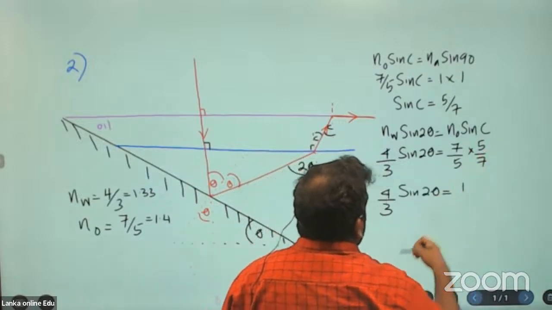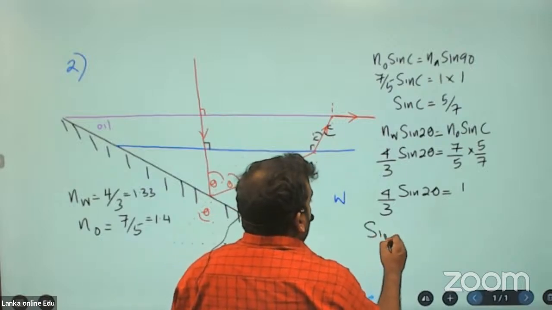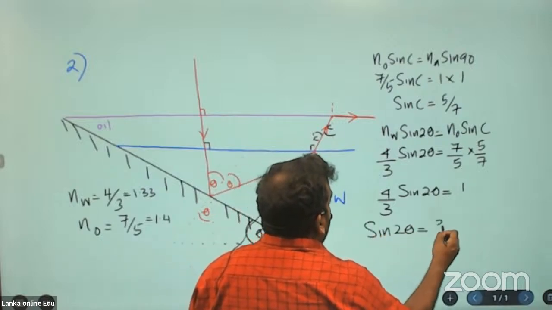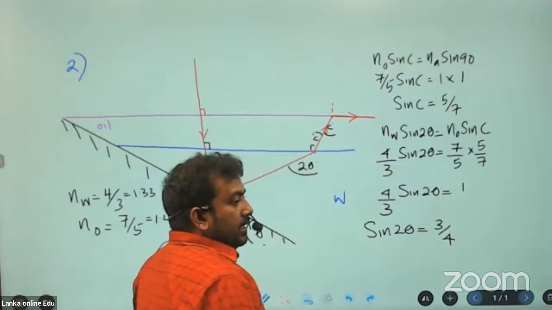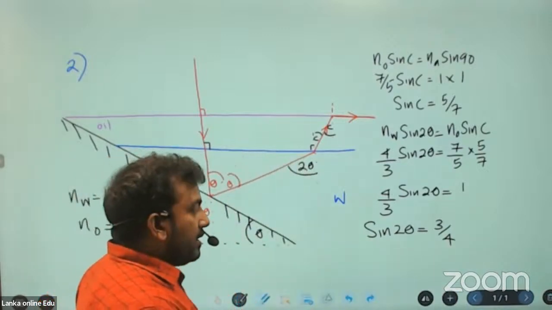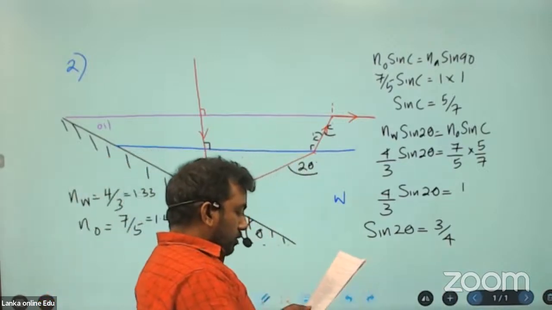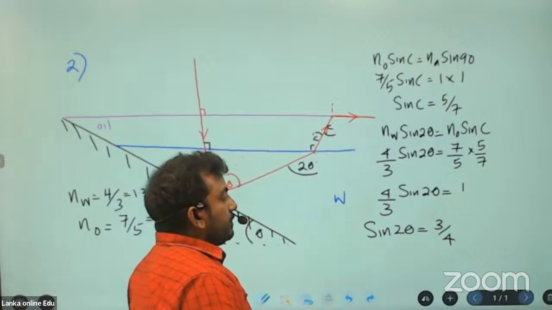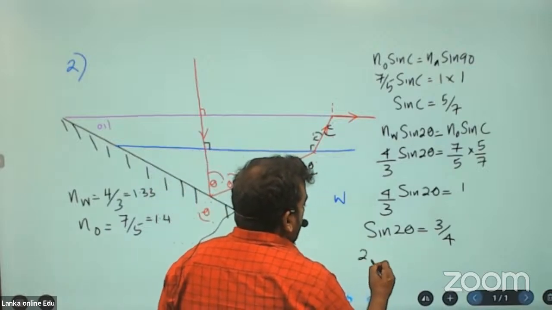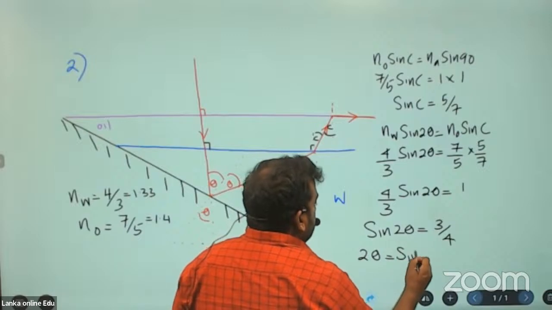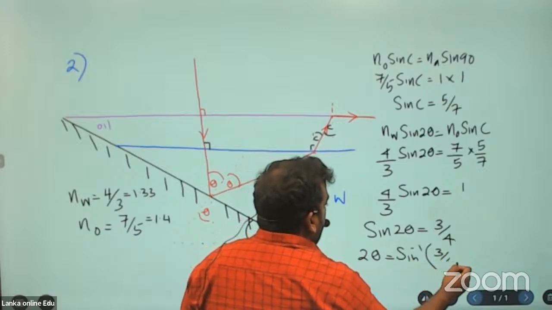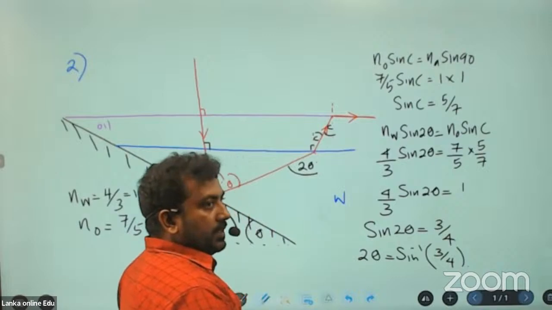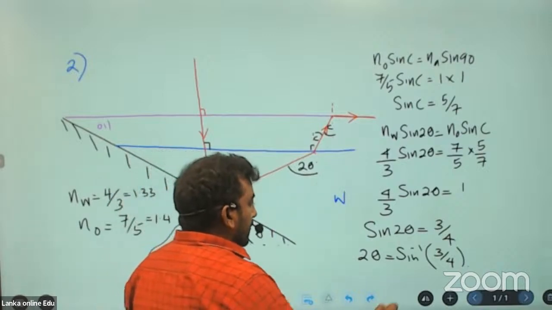These two cancel off to 1. Sin 2 theta is equal to 3 divided by 4. Now your job is you must find theta. So 2 theta is equal to sin inverse 3 divided by 4, which is 48 degrees 35 minutes I think.